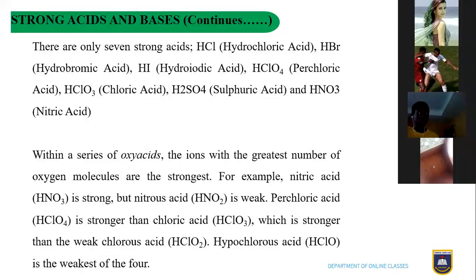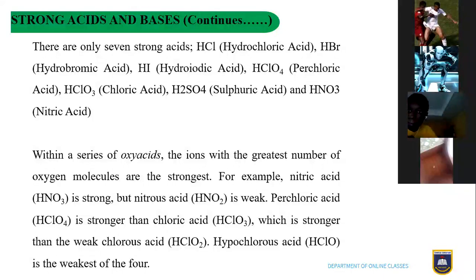So you have HClO4 stronger than HClO3, also stronger than HClO2, which is also stronger than HClO. You can see that the strength of the acid increases with increasing number of oxygen atoms, or in other words, the strength of the acid decreases with decreasing number of oxygen atoms for acids within the same series of oxo acids or oxy acids.